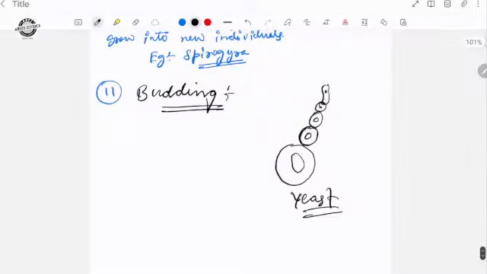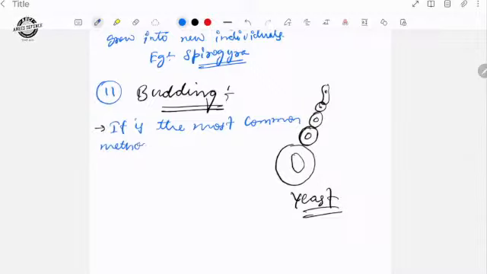We can describe budding that it is the most common method of asexual reproduction in unicellular organisms.